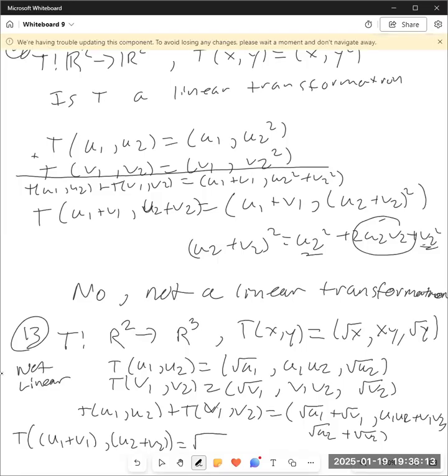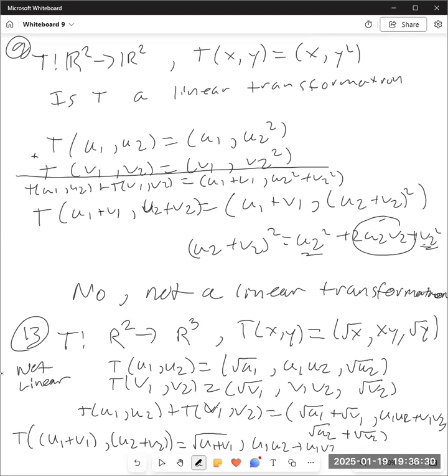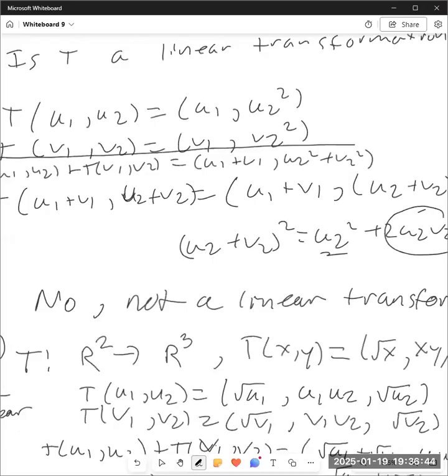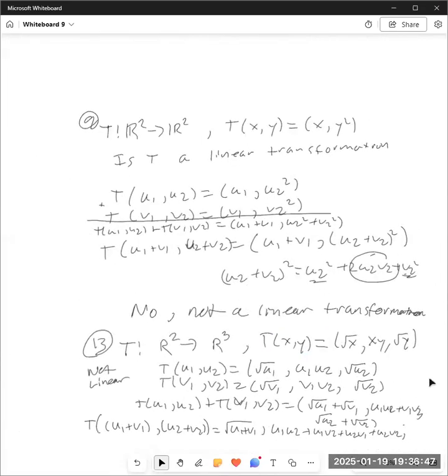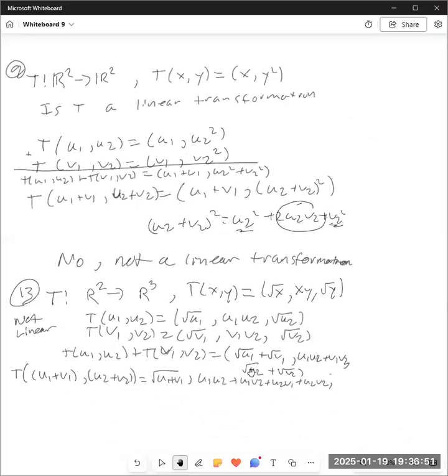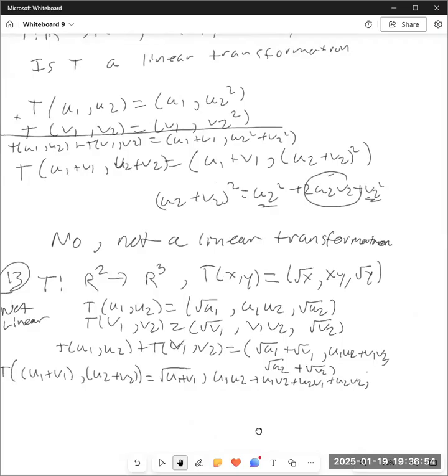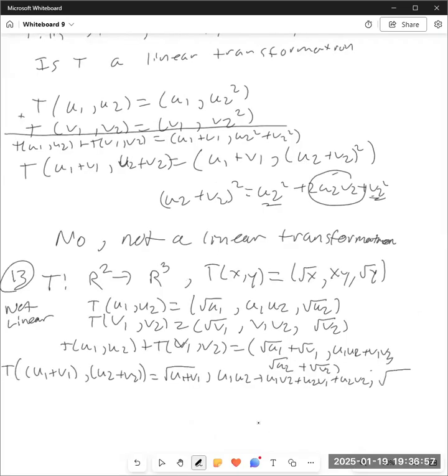That gives me root u1 plus v1, comma, u1 u2 plus u1 v2 plus u2 v1 plus u2 v2, comma, root u2 plus v2.